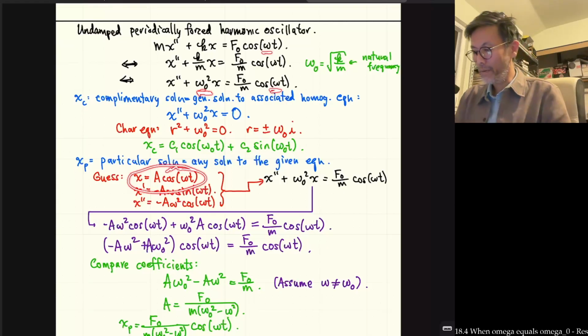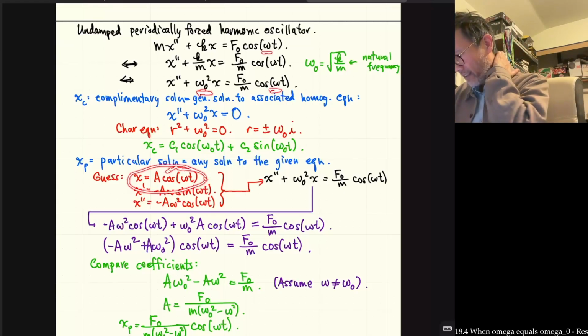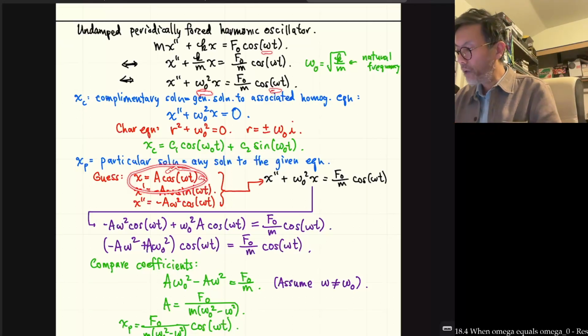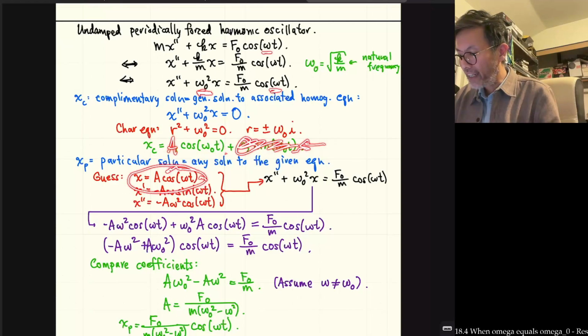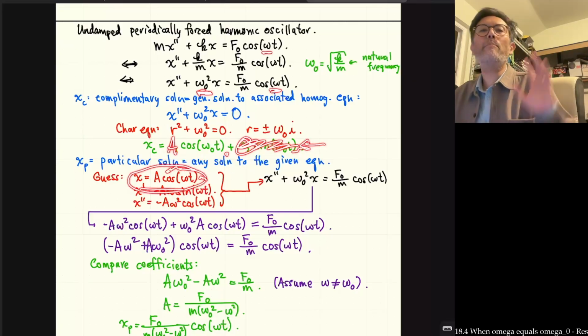The issue with this guess is that it is already included in the complementary solution. Remember, omega is equal to omega naught under this discussion. So if you set C2 equal to 0, so that you get rid of that term, and you make C1 equal to A, then you get precisely the guess. In other words, this guess can't possibly work.